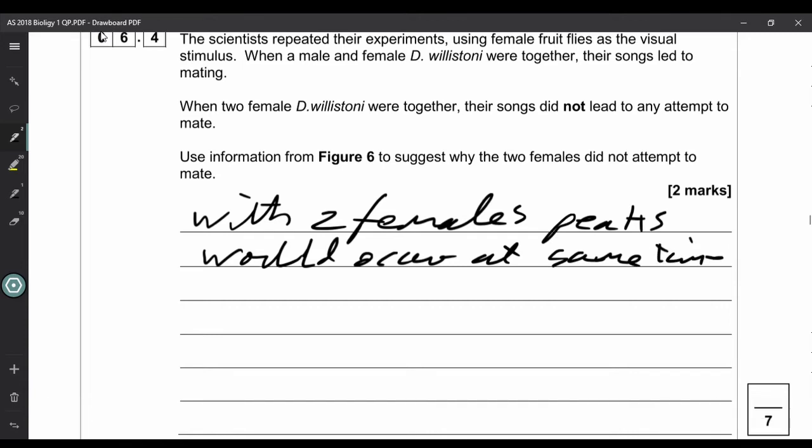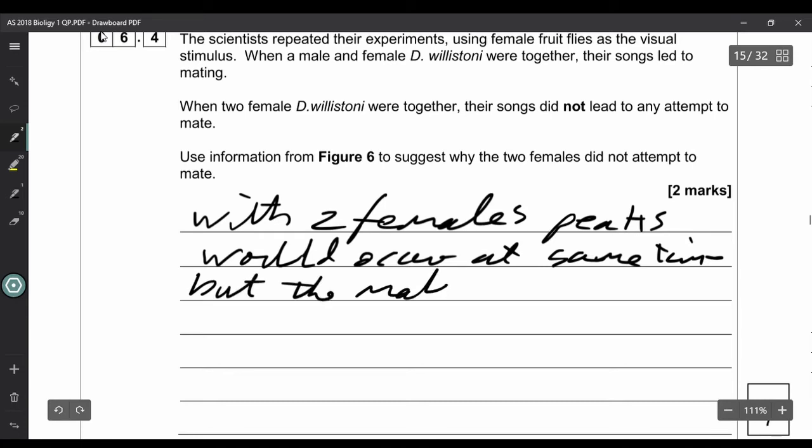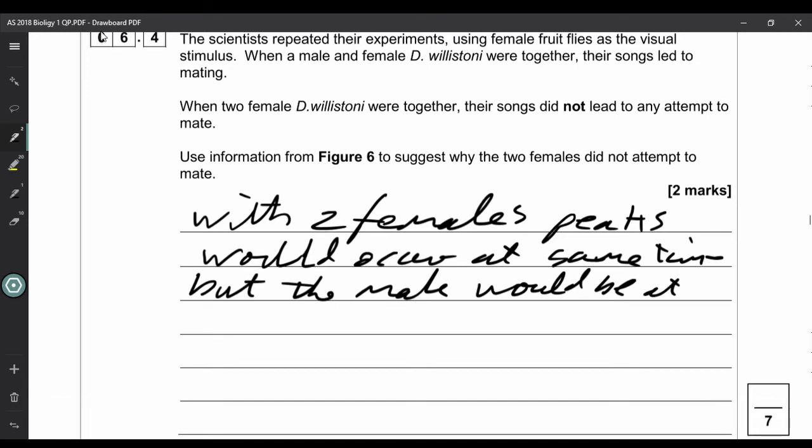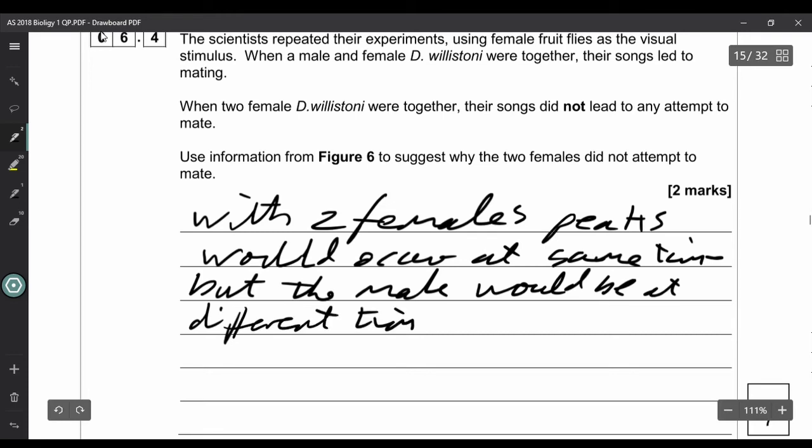But with males, they would be at different times, because of those gaps in between. Therefore, there'd be no male to stimulate mating.